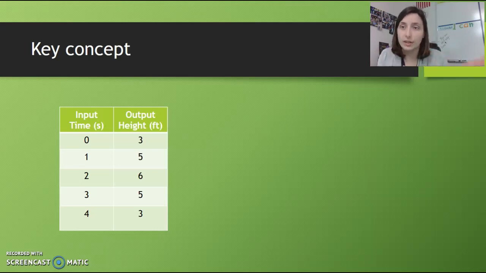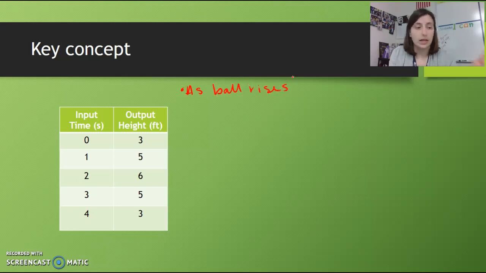If you just think of a juggler tossing a ball, when we toss that ball up into the air, as the ball rises, its speed will decrease. Because, if we go a little sciencey here, gravity is working it back towards the earth and pulling it back down. So speed decreases.